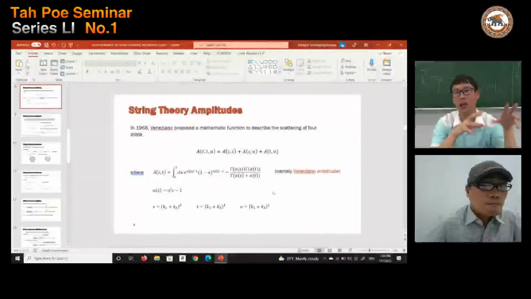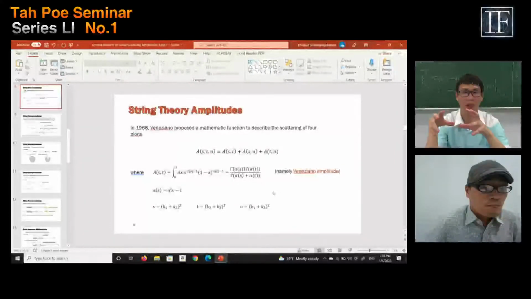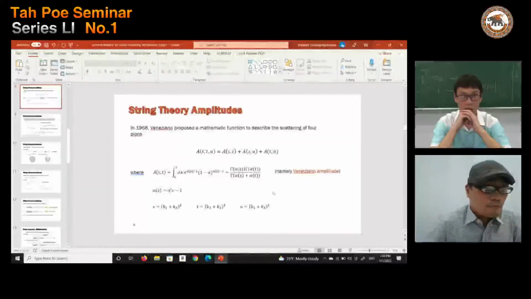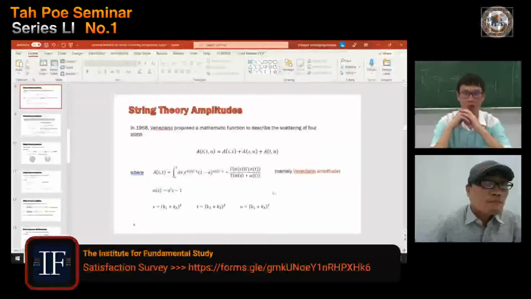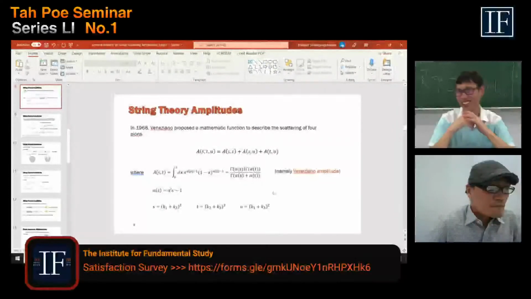It maps between purely graviton scattering and purely gauge boson scattering, and in field theory, that is purely Einstein-Hilbert and purely Yang-Mills, or supersymmetric versions. Yeah, I'm not sure if you're satisfied with my answer.